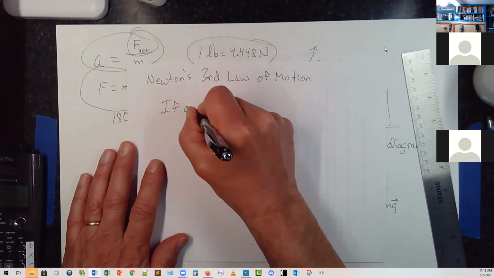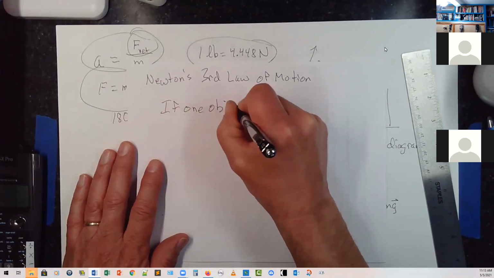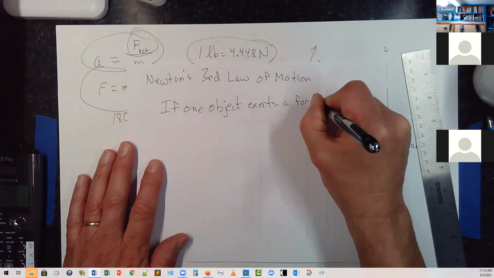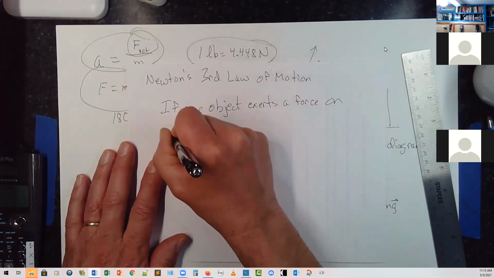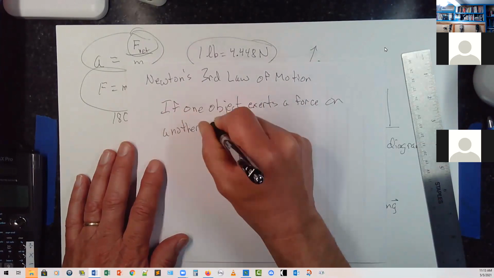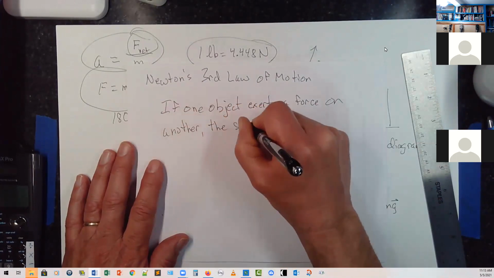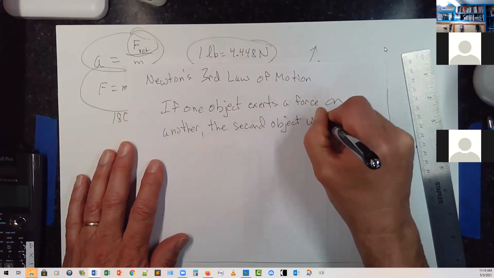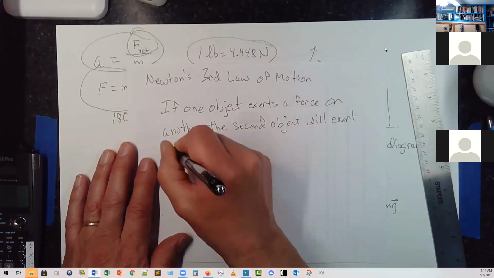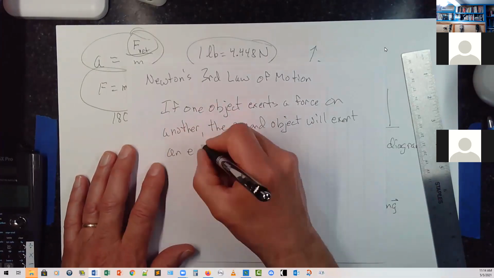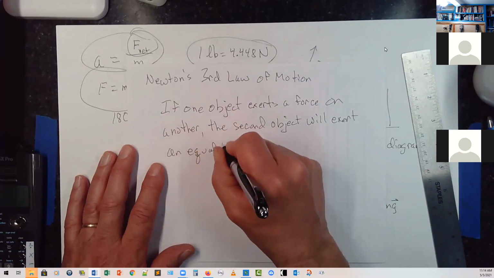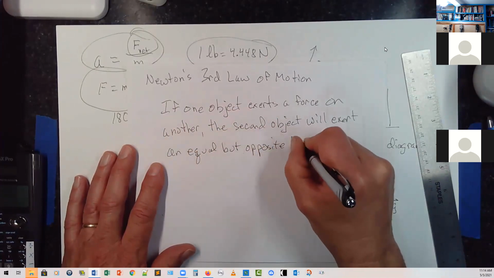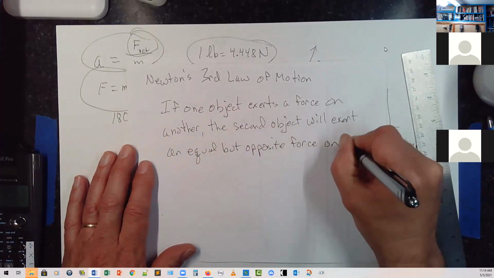If one object exerts a force on another, the second object will exert an equal but opposite force on the first.